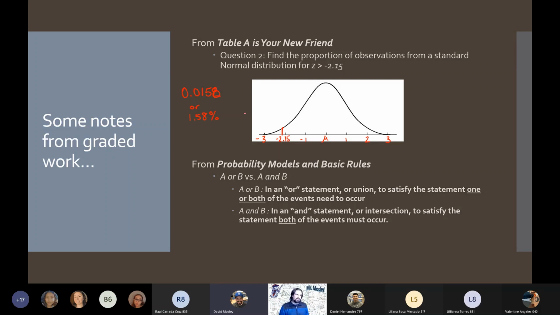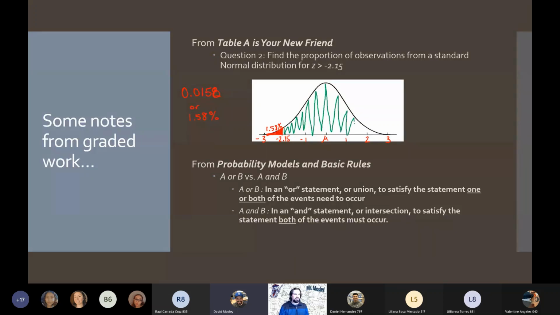The value on table A that shows up with negative 2.15 for a z-score is the proportion under the curve less than negative 2.15, which means this portion represents 1.58% of the distribution. That's unfortunately not the proportion we needed. We needed to the right, greater than. We were looking for this whole thing here. This was the area we were looking for.